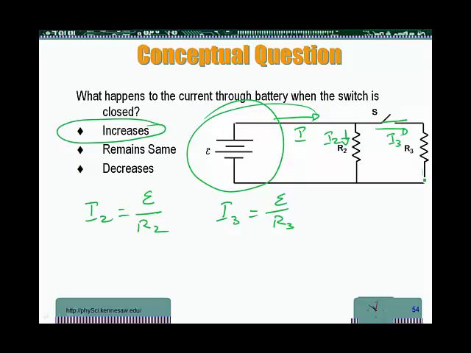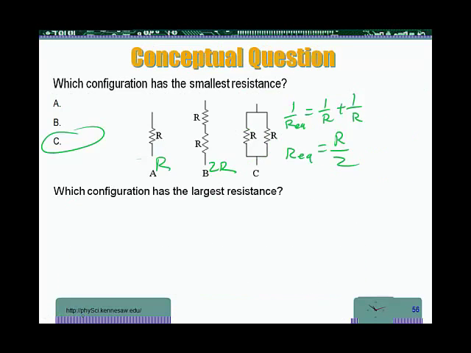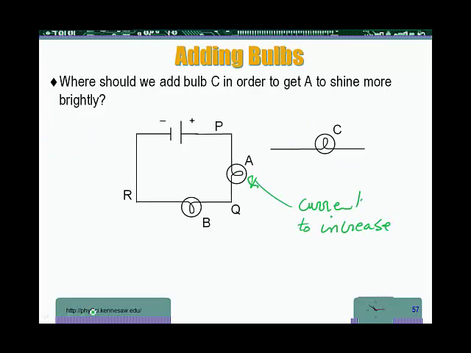By adding a resistor in parallel to this resistor. That's the way we got this current I to increase. So same idea here. We want the current in A to increase. So what we need to do is put a light bulb in parallel with B.